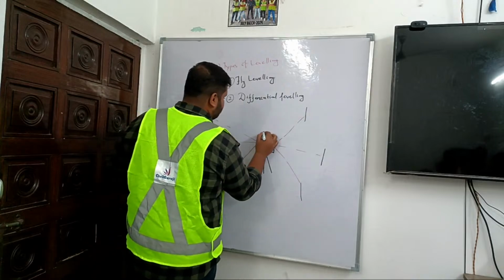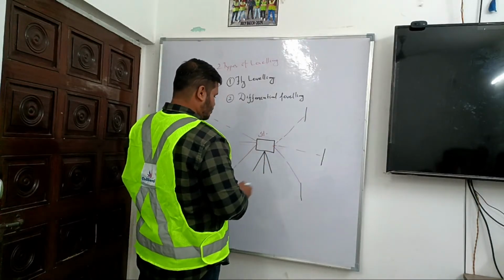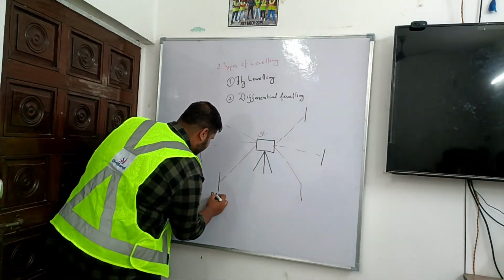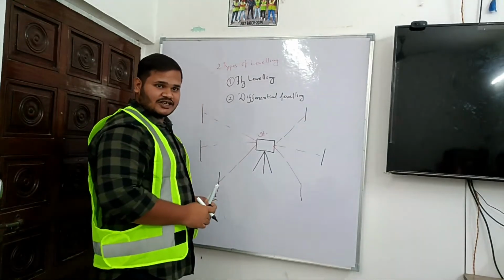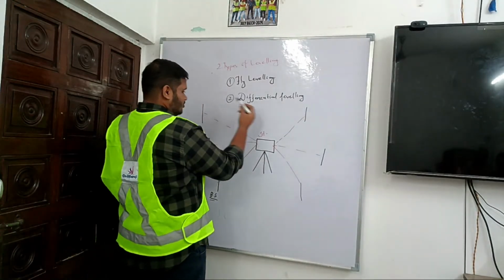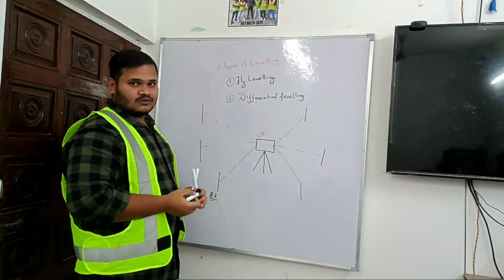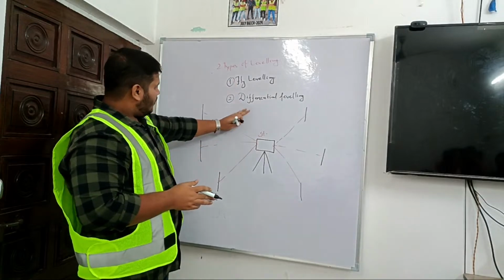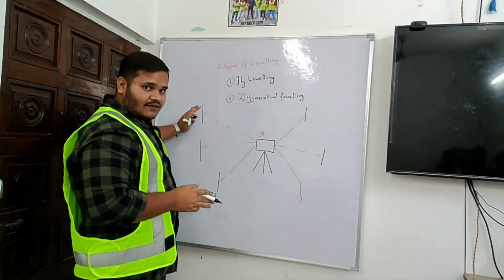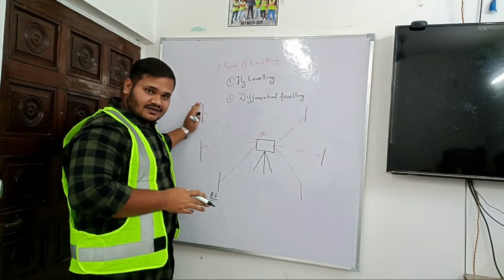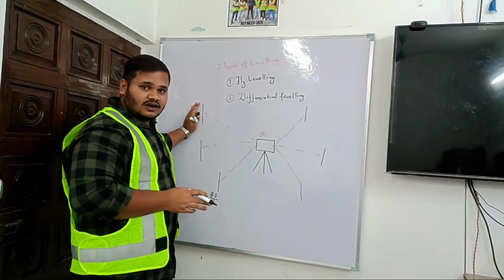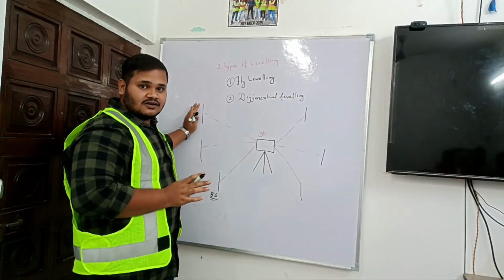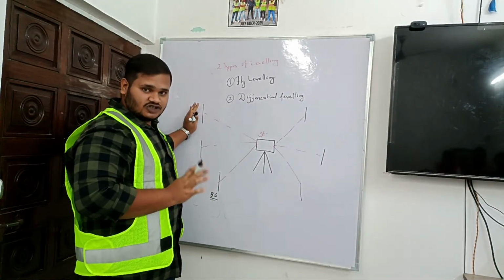In this case, this is the station, and let's suppose we start from this point. If we start from this point, this will be our backside. The first point is always taken as the backside. Will the other readings be foresights? No. As we said in fly leveling, the last reading is called the foresight if the instrument station is not changed.